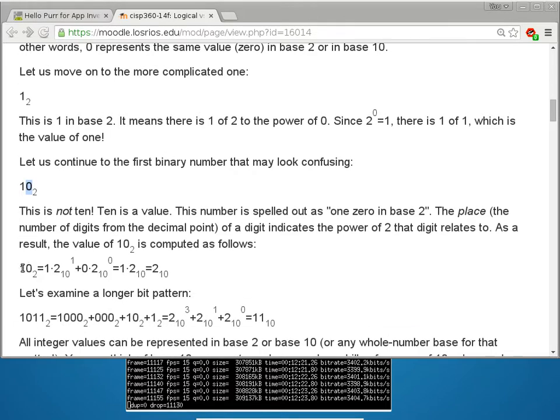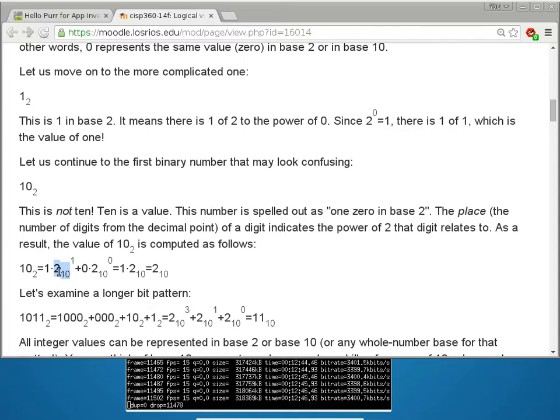And this is the spelled out version of 1 0 in base 2. All I did here is to say I have 1 of this power of 2, and then I have 0 of this power of 2. Now this part looks kind of confusing because of 2 with a subscript of 10. To me this is in base 10, because 2 does not exist as a base 2 number.